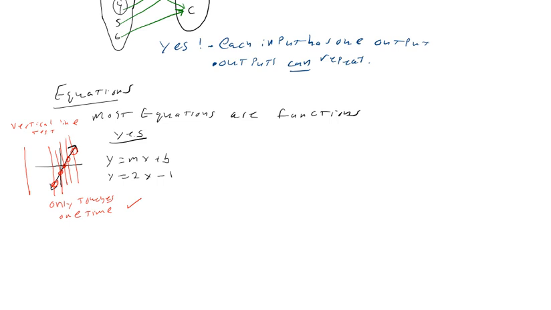And that is testing to see if there's two inputs. The vertical line is x. If you touch twice, you're not a function. Most functions pass this vertical line test. Most functions are fine. Let me undo my drawing here.